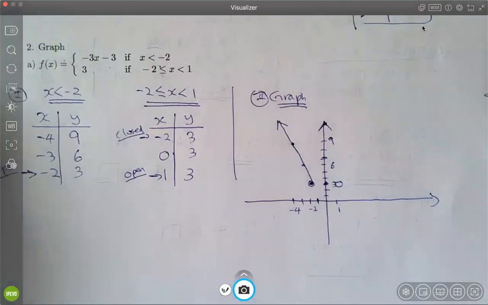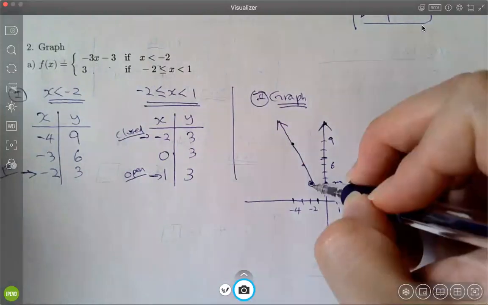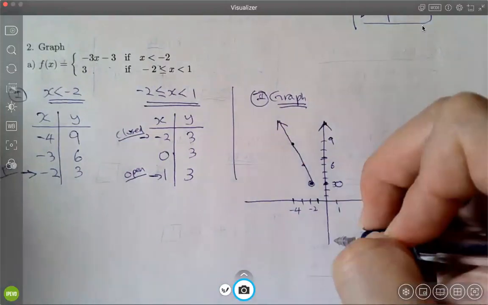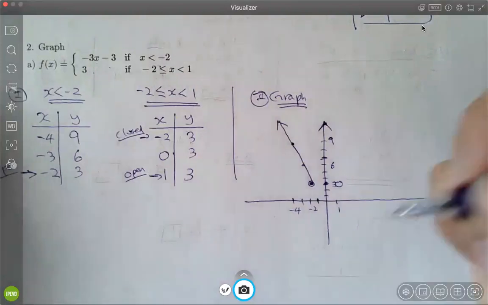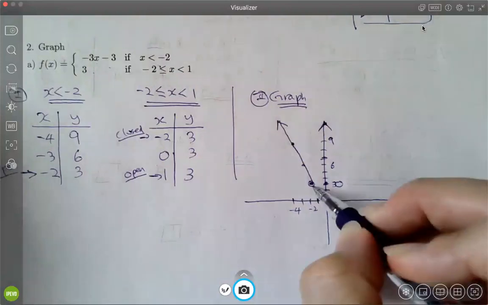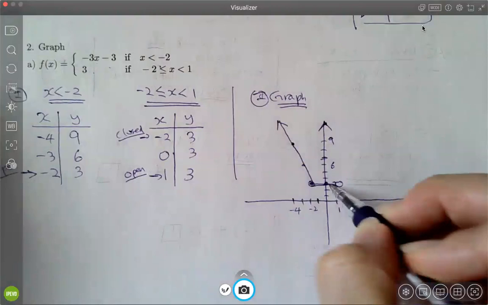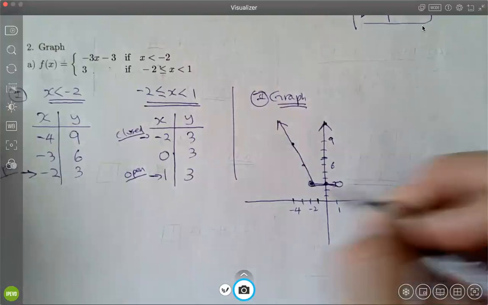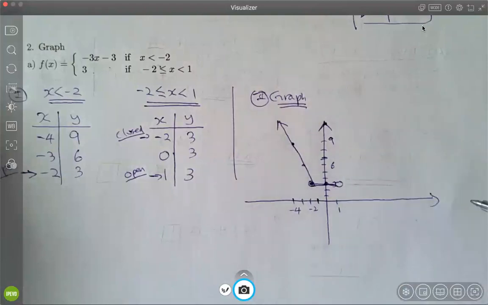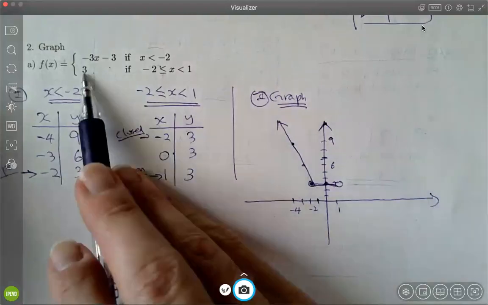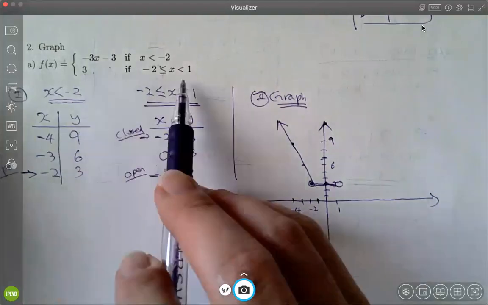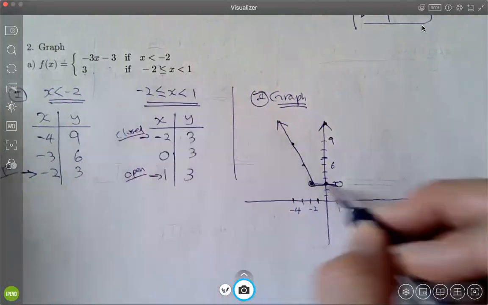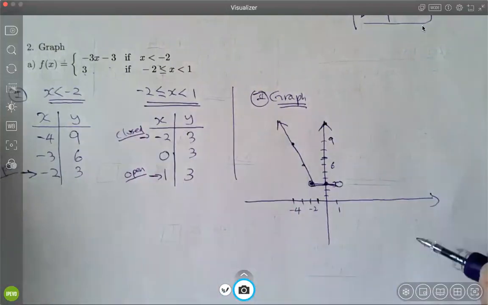Now, what about after this point? Do we extend it like this? No, okay. And now, these 3 points form a horizontal line, right? Now, do we extend our graph after this point and that point? No. And why not? Because this is valid only when x lies in between negative 2 and 1, which is this one, right? Okay. So that's the graph.